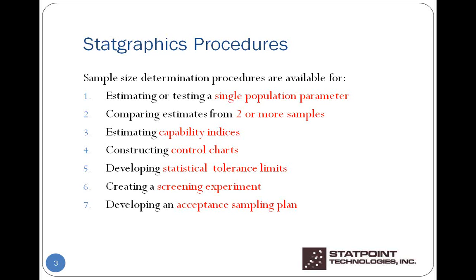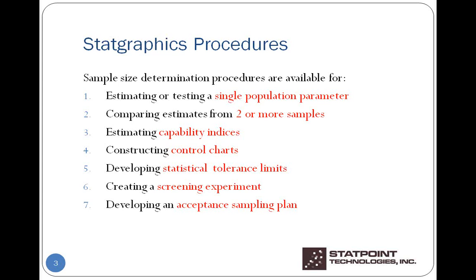The second problem is comparing estimates from 2 or more samples. You know, I may have 2 methods for producing something. I take a sample of some items from one method and some items from another and want to test whether or not there's a significant difference between those 2 methods.